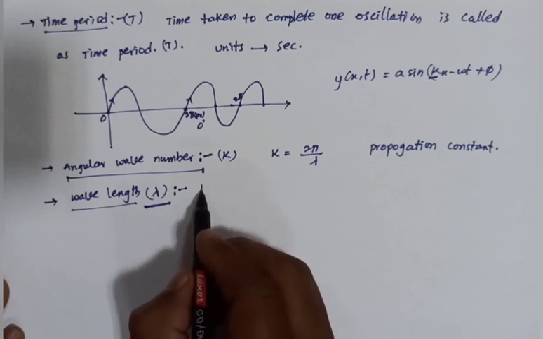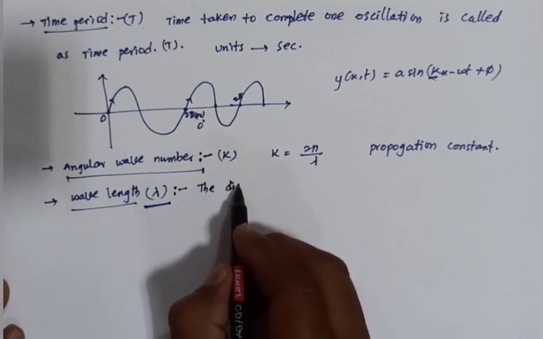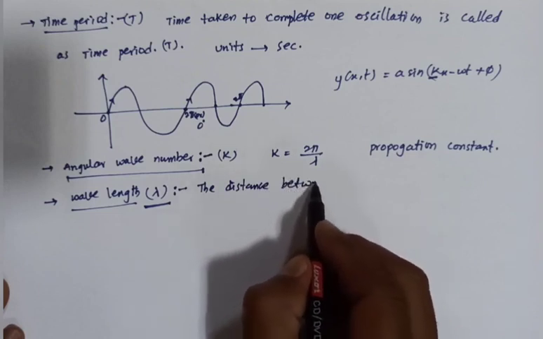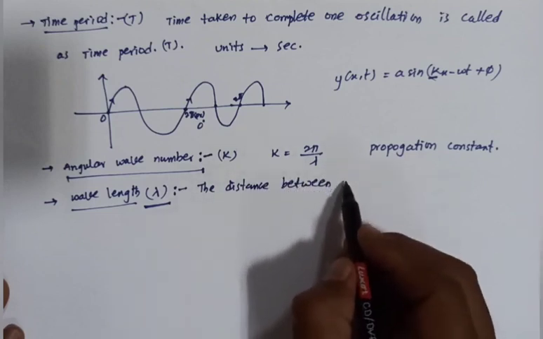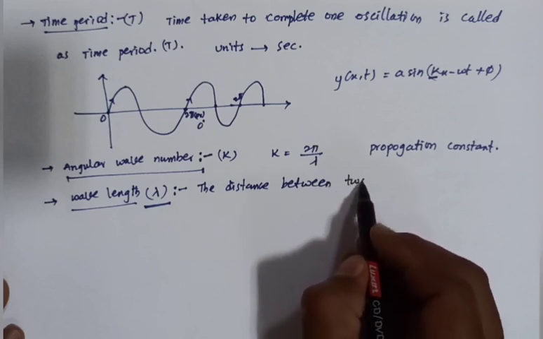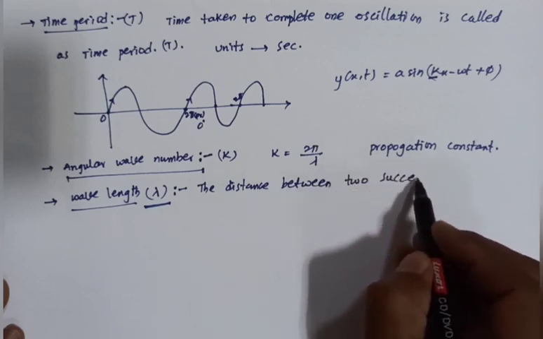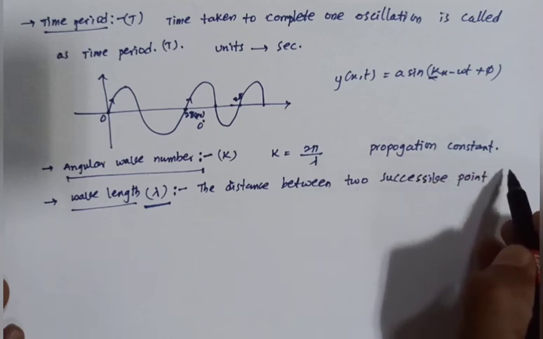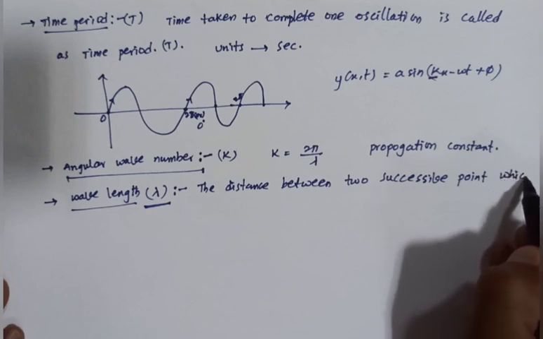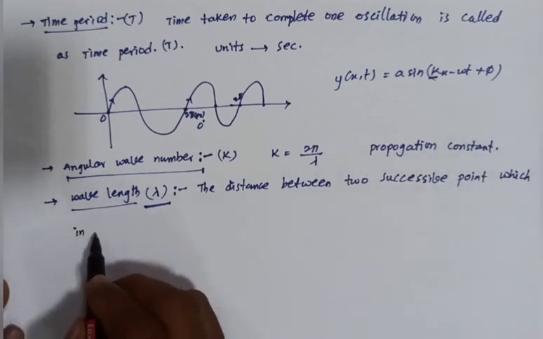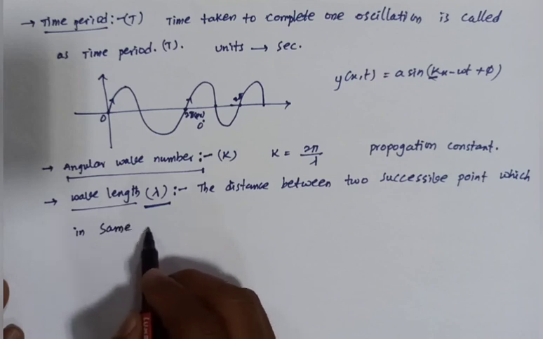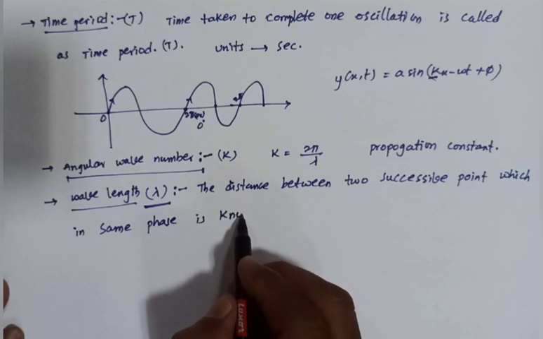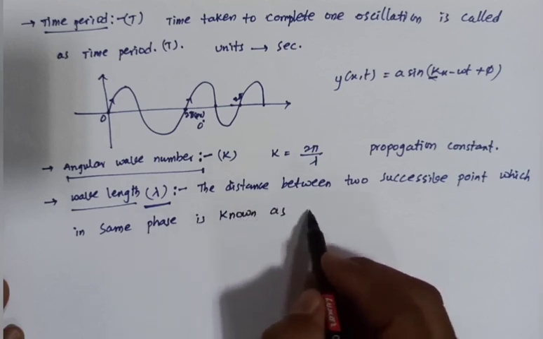The distance between two successive points which are in the same phase is known as wavelength.